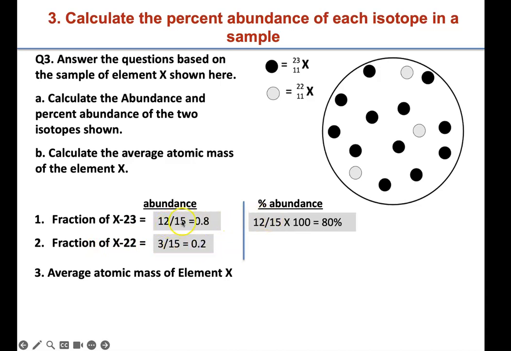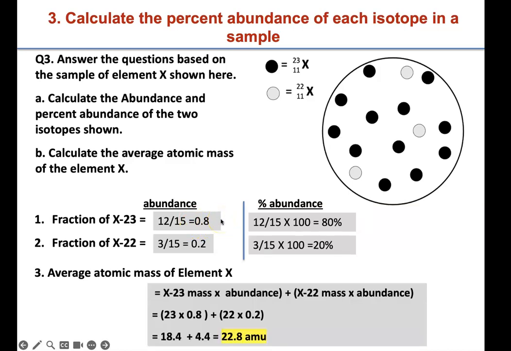All you do is multiply this fraction by 100, you move the decimal 2 places. And then the average atomic mass, since we have two isotopes, you are going to multiply the mass of X23 by its abundance.